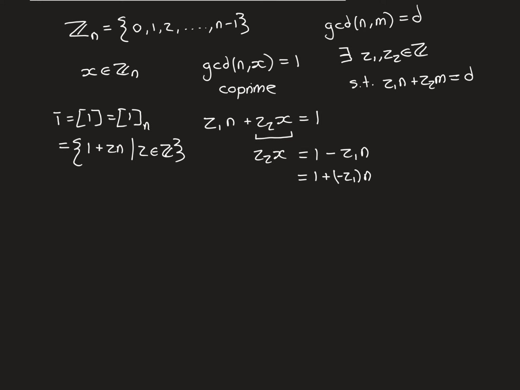So let's go through this more slowly and write some of this down. What we can say from this equation up here is that z2 times x is giving you an element inside the congruence class of 1. Now, the big problem is that z2 is just an integer. It's something in the integers, but it isn't necessarily one of these numbers that we've got in our integers modulo n.